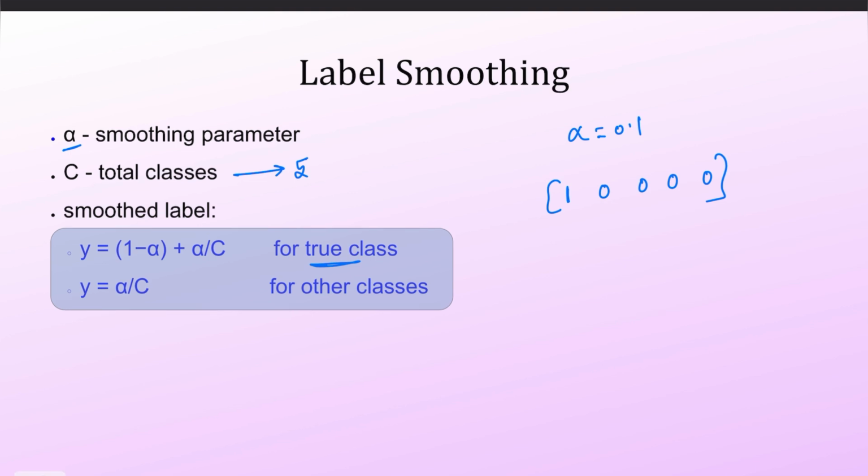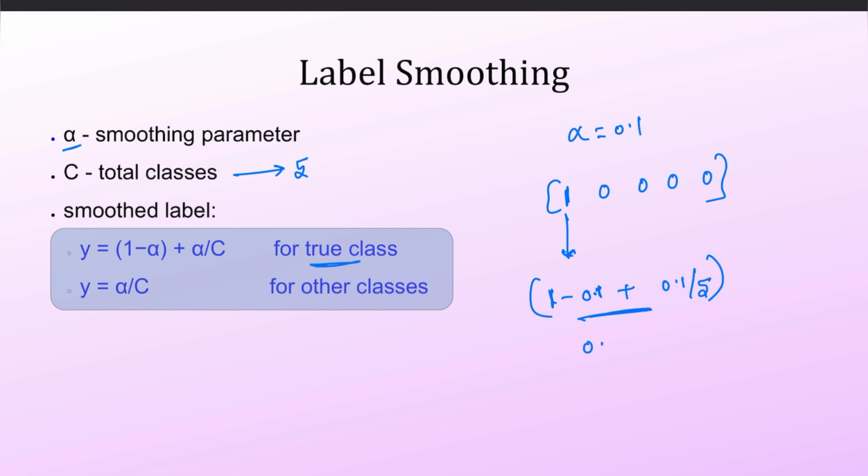So for the actual class, that means where 1 is there, the output will be 1 minus 0.1 plus 0.1 divided by 5. 5 is the number of classes. Whatever value I get here will be my actual value. So this is 0.9 plus 0.1 by 5, that means 0.02.